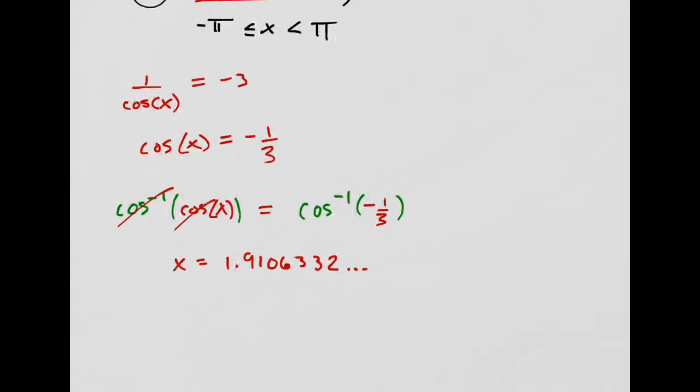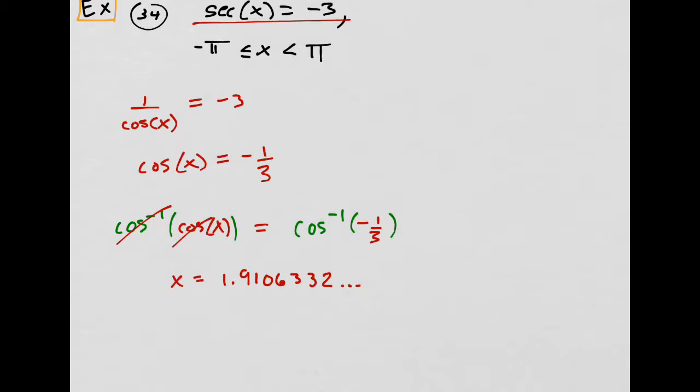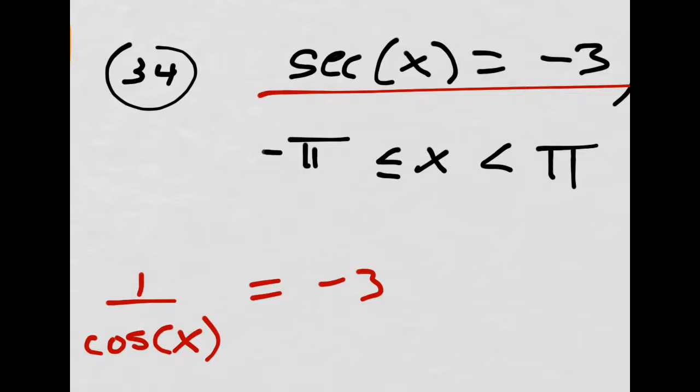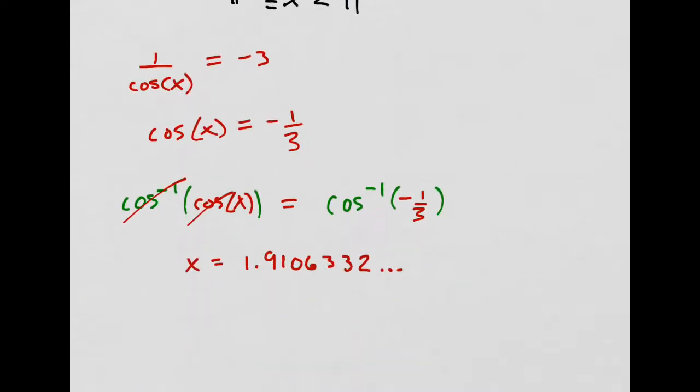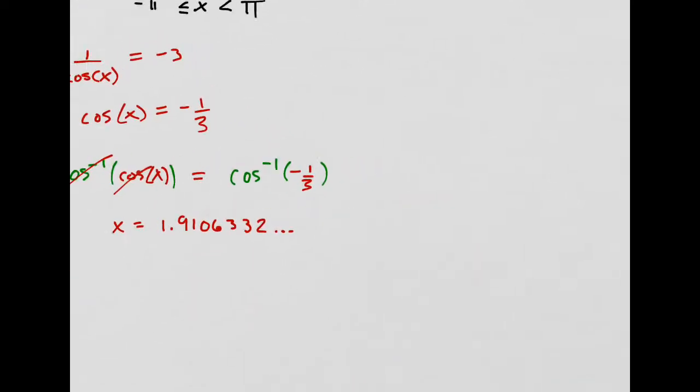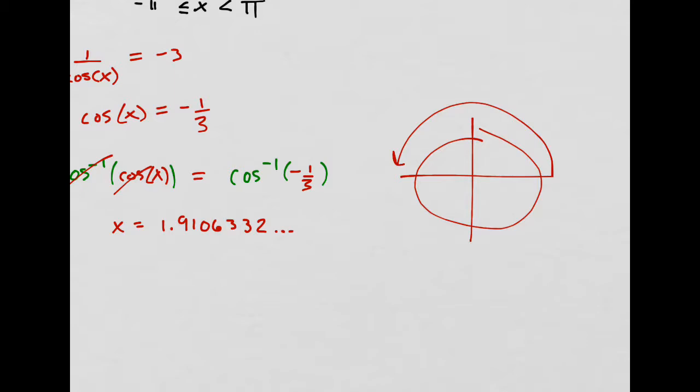So there we go. Oh, actually, it does fit within our interval because we're going from negative pi to pi. However, just remember, on our unit circle, inverse cosine gives us stuff from 0 all the way to pi. And pi over 2 is approximately 1.57.